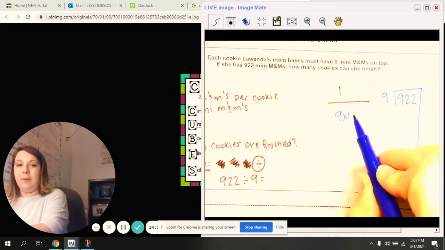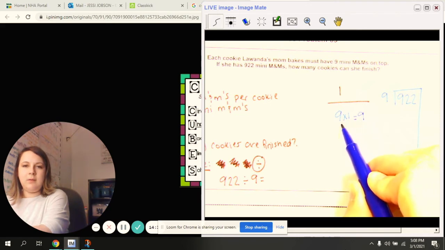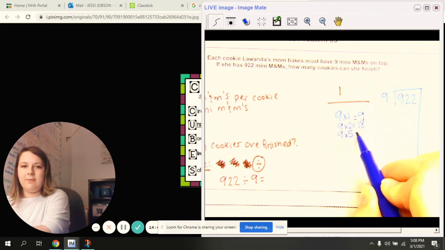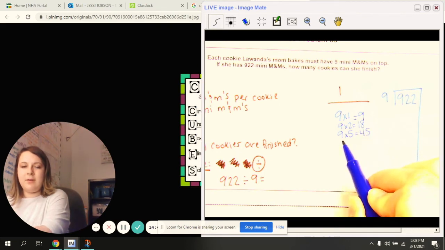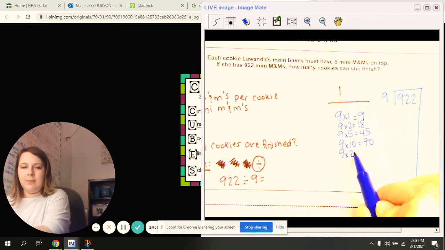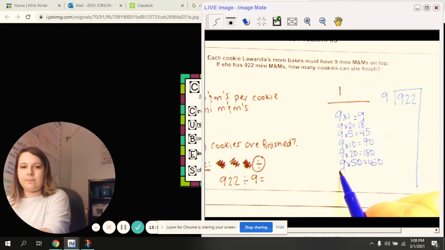And so 9 times 1 would be considered a quick fact. 9 times 1 is 9. 9 times 2 would be 18. 9 times 5 would be 45. 9 times 10 is 90. 9 times 20 is 180. 9 times 50, if we're not sure, we go back to 9 times 5, so that was 45, with 1 0 at the end. 9 times 100 is 900.